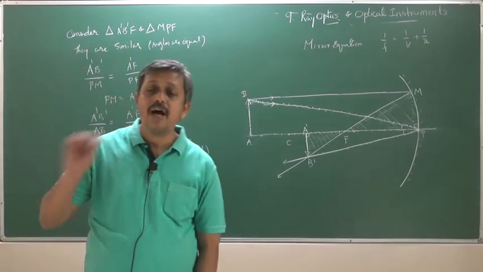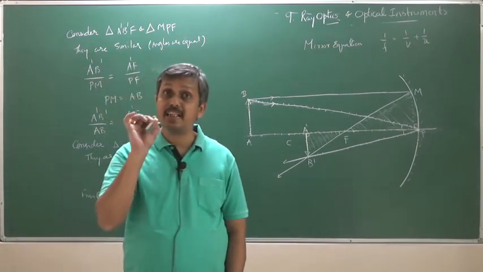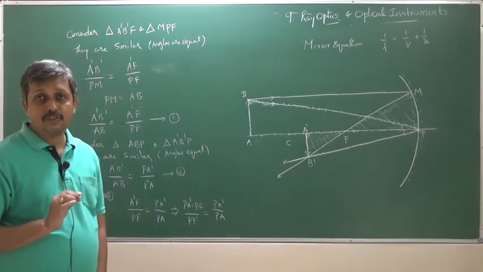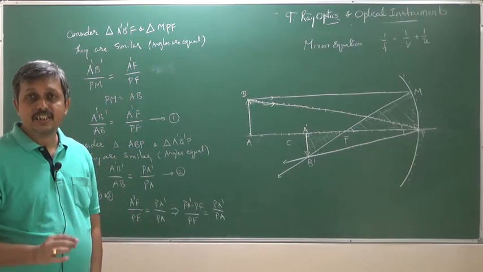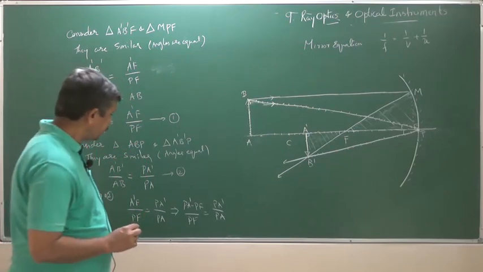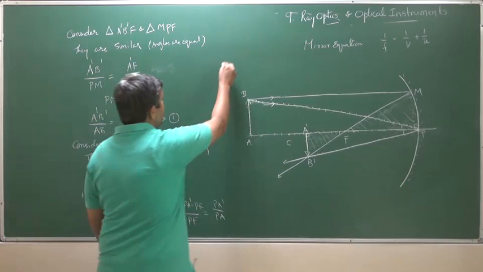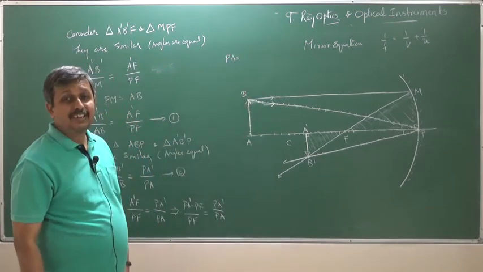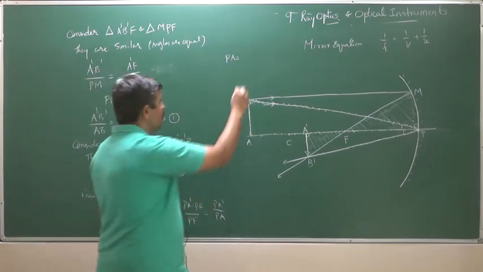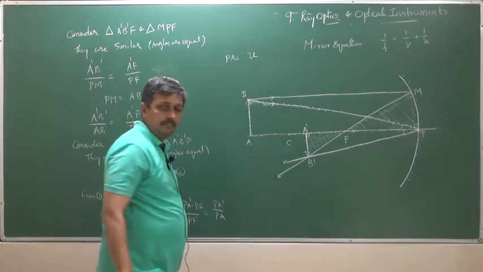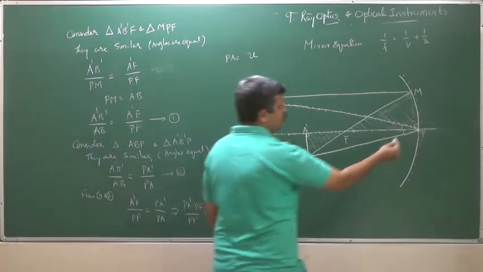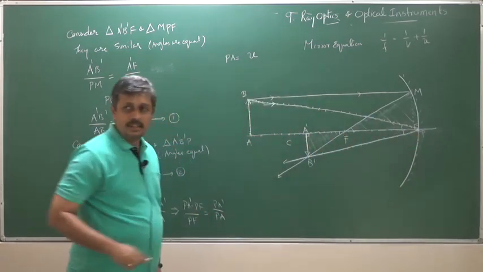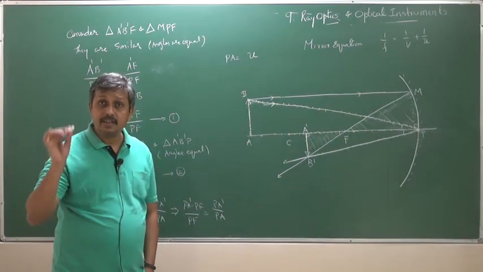Now I will apply sign conventions and write down what these values of image distance, object distance, etc. are. PA is equal to object distance U, however we are going to measure from the pole. Our rule says all distances have to be measured from the pole.